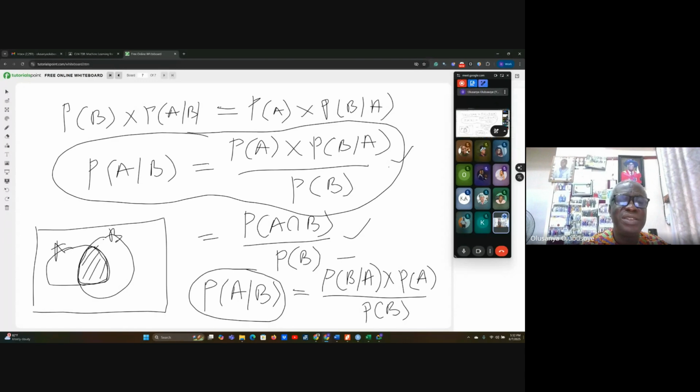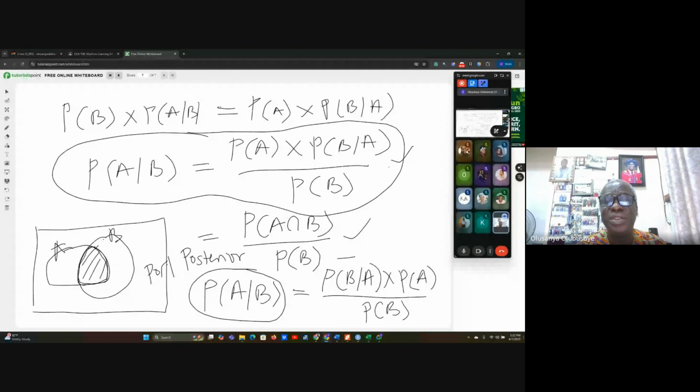We call it the posterior probability, and it is the one we want to compute.